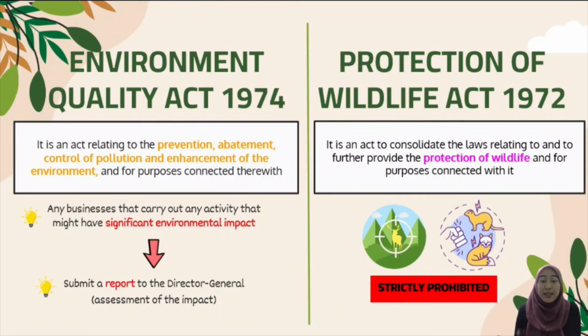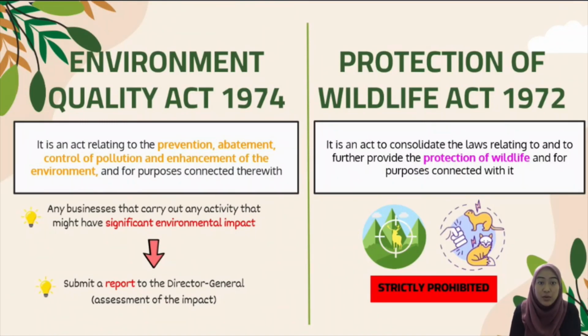Any businesses intending to carry out any activity that might have a significant environmental impact shall submit a report to the Director General containing an assessment of the impact that such activity will have or is likely to have on the environment.